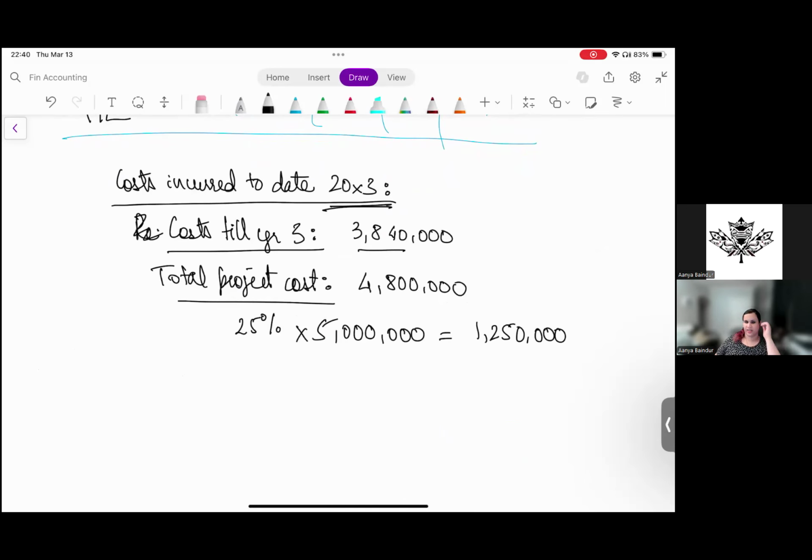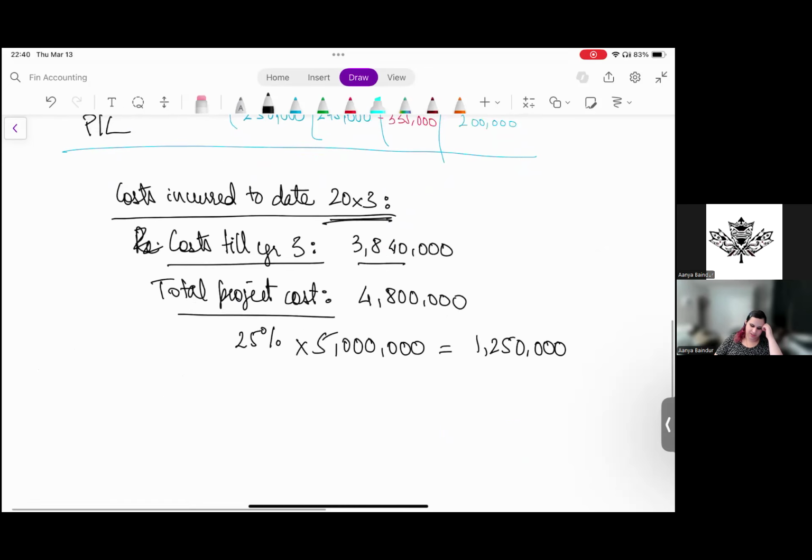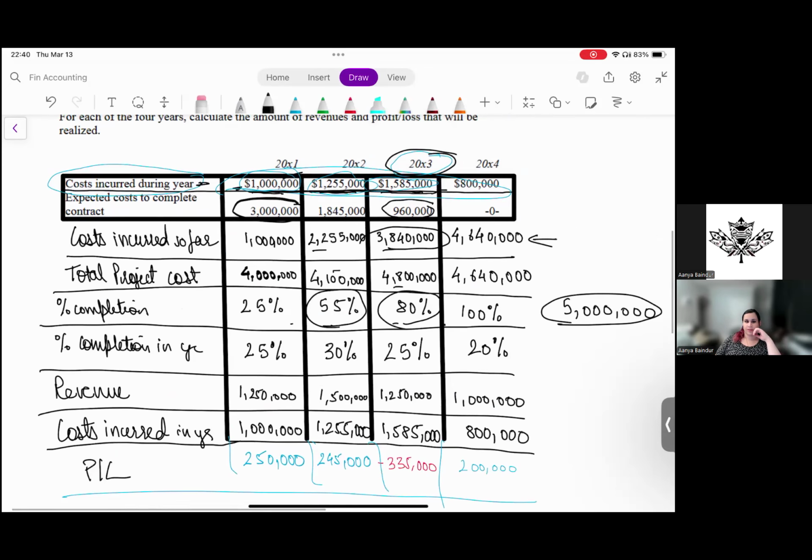So that's one way to do it if you just need to know for 1 year. But I always find it easier in all circumstances to just make this table, because it's just way easier. So again, just to walk you through it, first, these are the things that are given in the question. For some questions, you may directly be given the cost incurred so far, which will make it a little easier. But for others, you may be given costs incurred during the year.